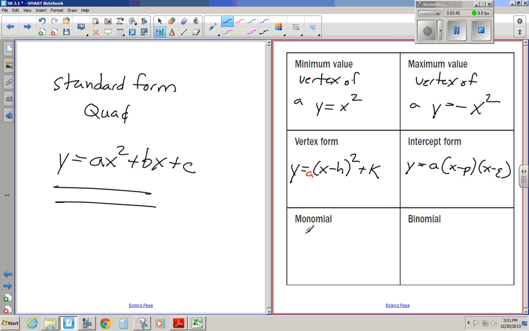Monomial is an equation or an expression of one term. Binomial would be an expression of two terms. And for both of these, you should add when it's in simplest form.